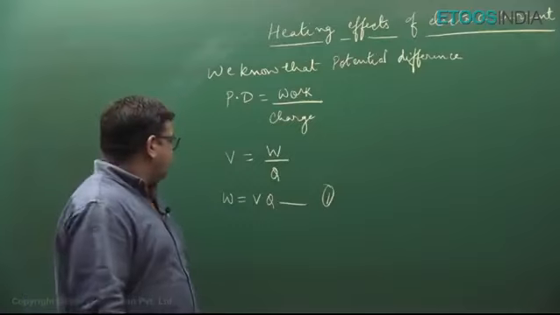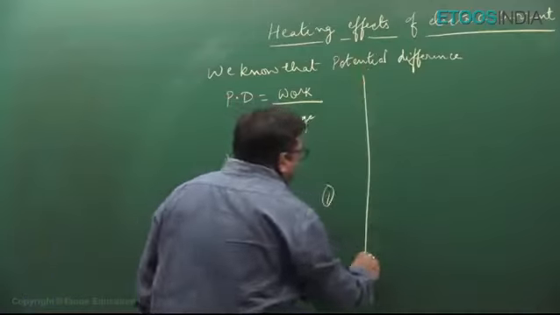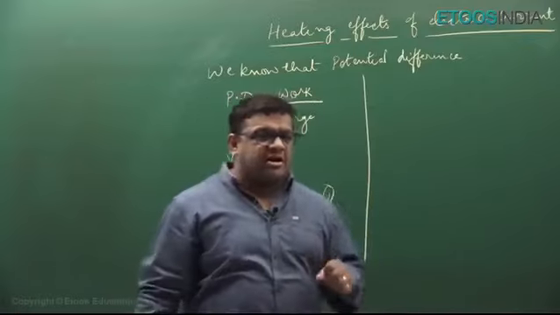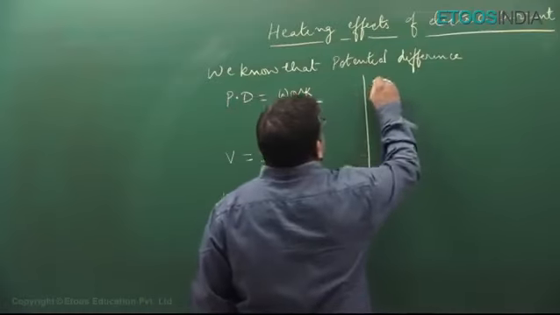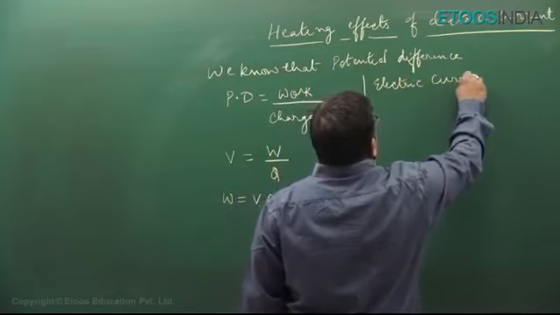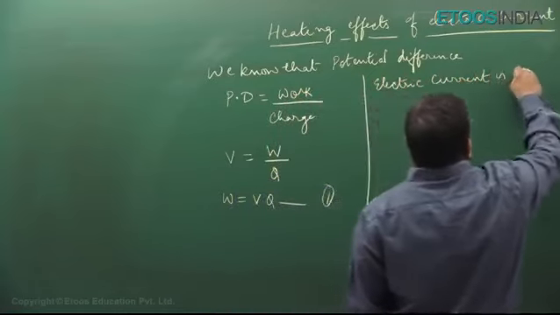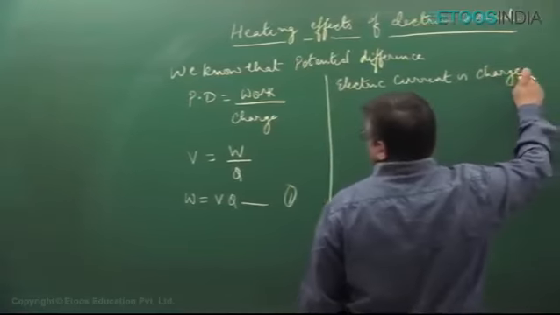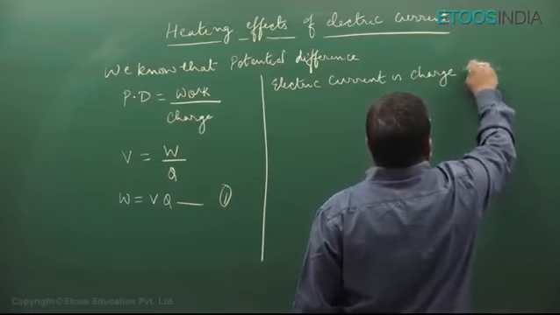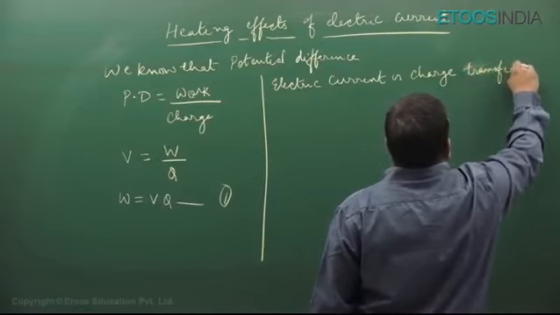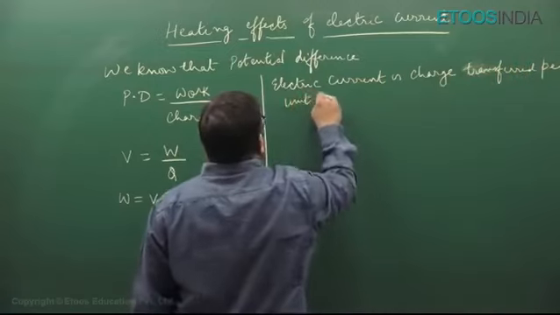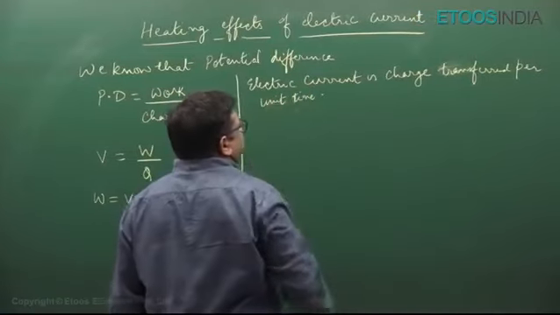Now, we also know how to find the magnitude of electric current, which says that electric current is charge transferred per unit time.